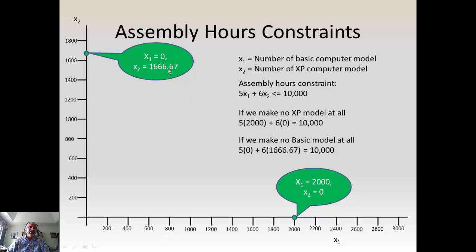Okay, of course we cannot make 0.67 of a computer. It has to be either 1666 or 1667. But remember, we're going to be looking at some properties later where the divisibility of the decision variables is a required prerequisite for LP modeling, and that is the decision variables can take all values on a continuous number line.